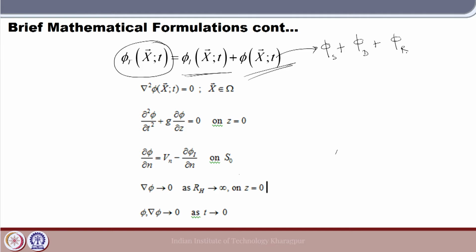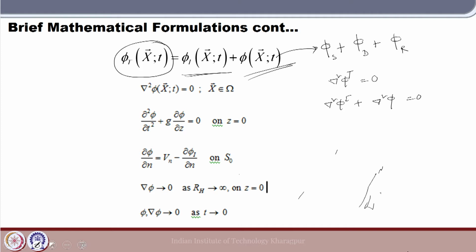All of these are included in phi. Under the assumption of linearity, del square phi t should be equal to 0. So it is del square phi I plus del square phi equal to 0.